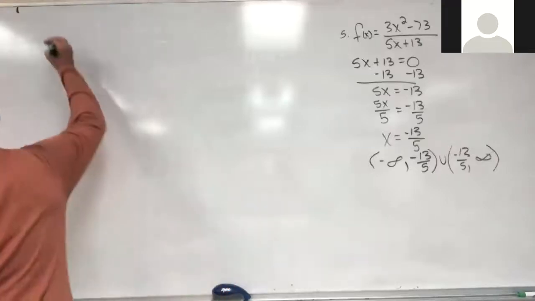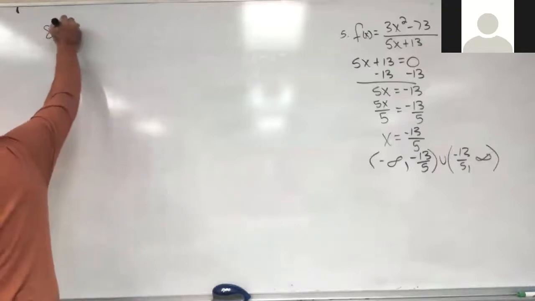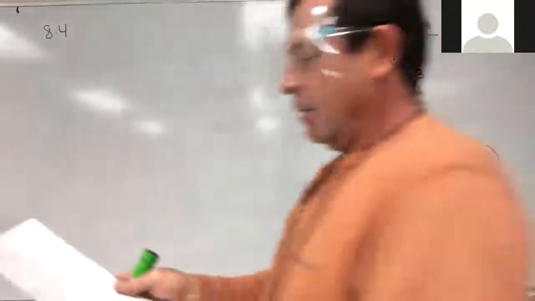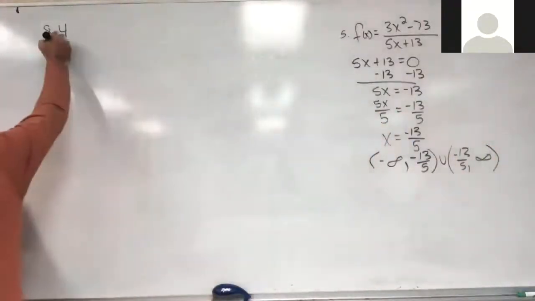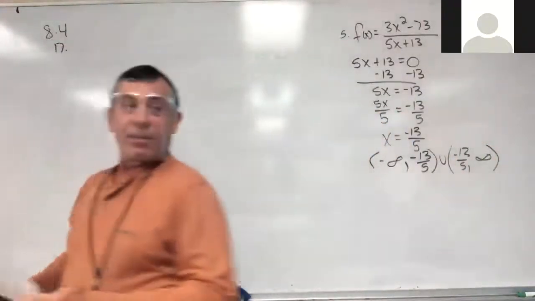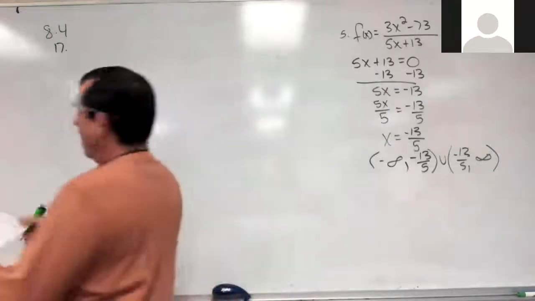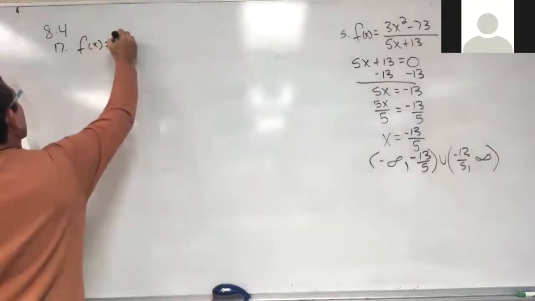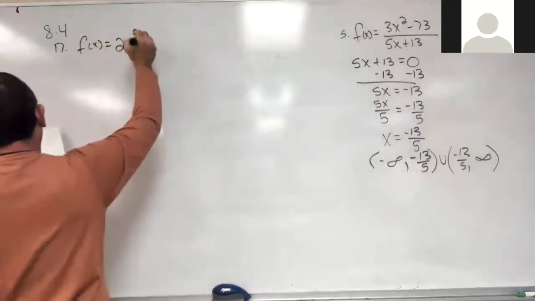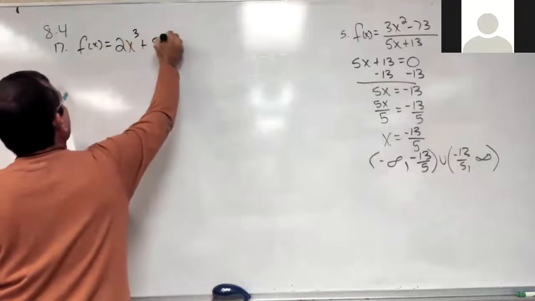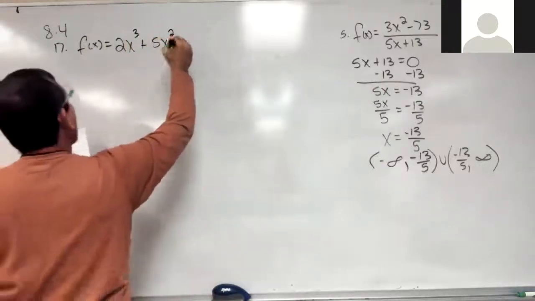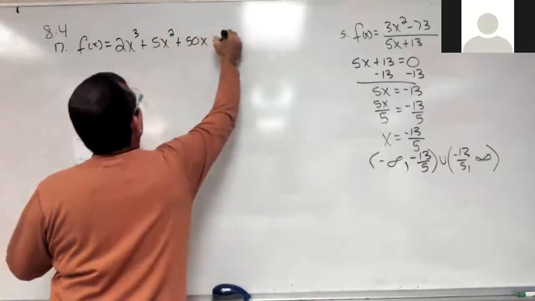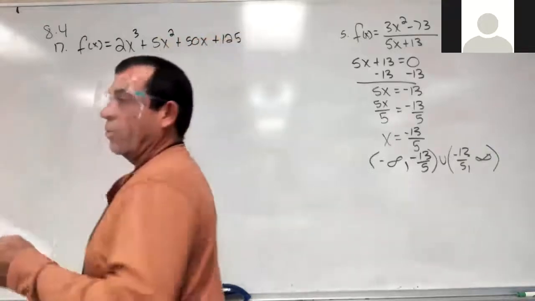So these are from 8.4. All right, so this one will be number 17 because it was probably the trickiest of the three, I thought. They're giving us f of x equals 2x to the third plus 5x squared plus 50x plus 125.